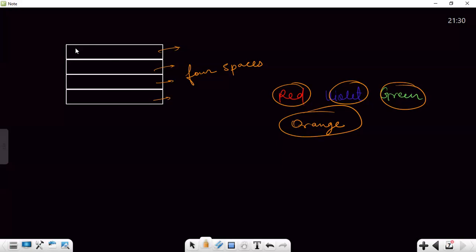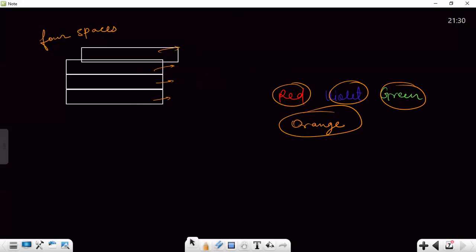For the first space, how many choices of colors do you have? There are four choices. One, two, three, and four.